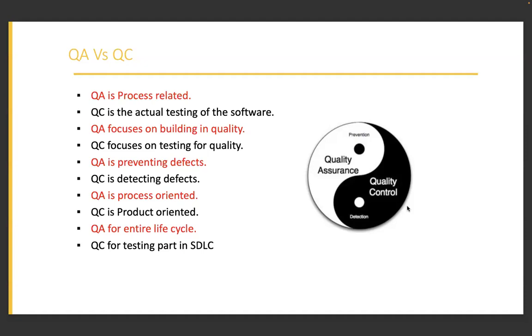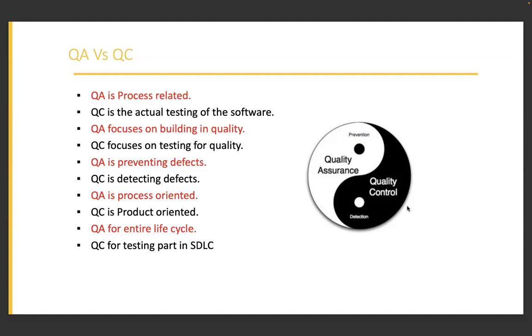Because unless you detect the defect, there is no point of QA, right? Quality control is a little bit on the higher side compared to quality assurance. Quality assurance you can consider more of documentation, wherein you will have all the necessary test case creation, test scenario creation, requirement traceability creation.